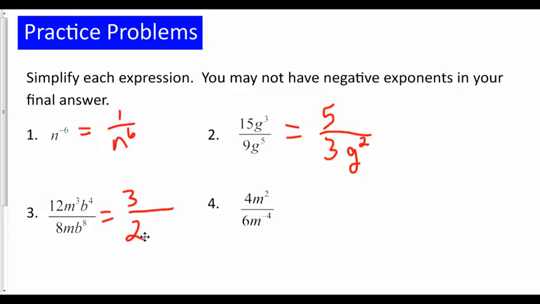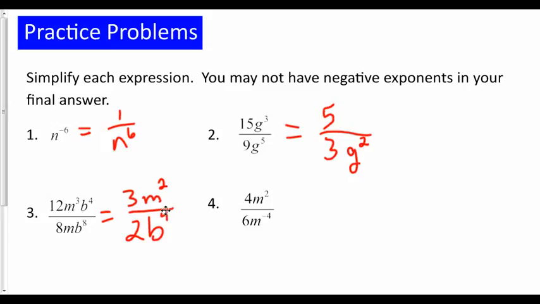And then m to the 3rd over m, subtract the exponents, and that's going to give me m squared in the numerator. B to the 4th over b to the 8th, 4 minus 8, negative 4, so b to the 4th in the denominator.